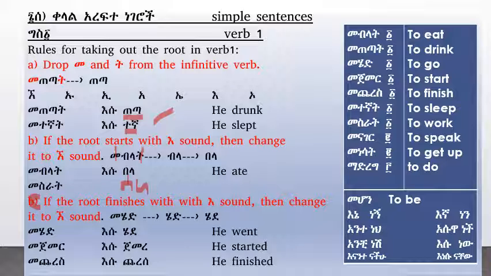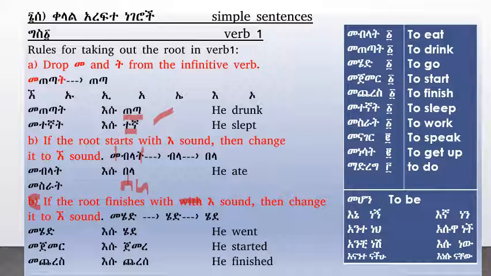The third rule is if the root finishes with the first-order sound, then change it to the a sound. This root doesn't like that sound at all. መሄድ: you cut the me, there is no t, so it will be head.